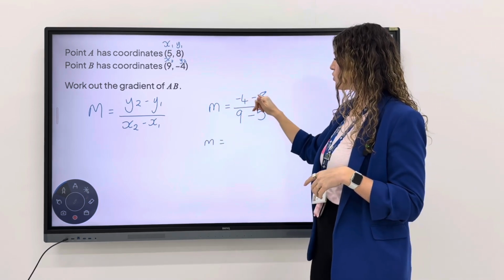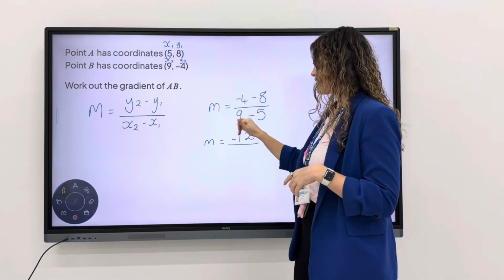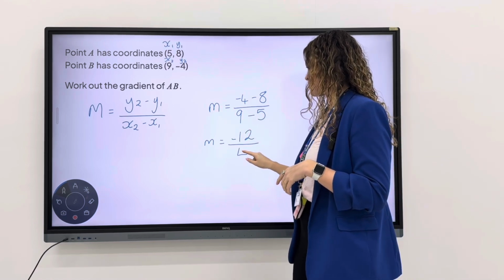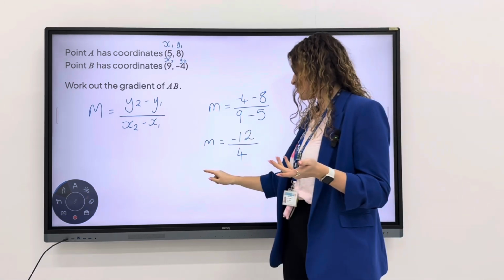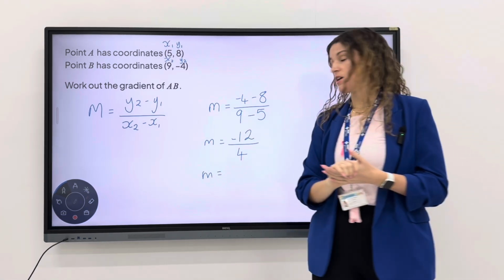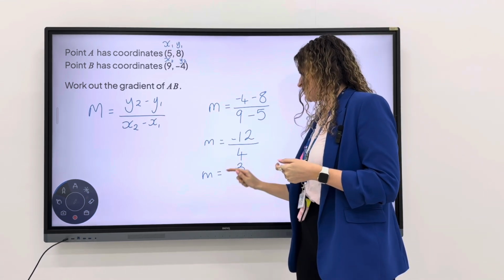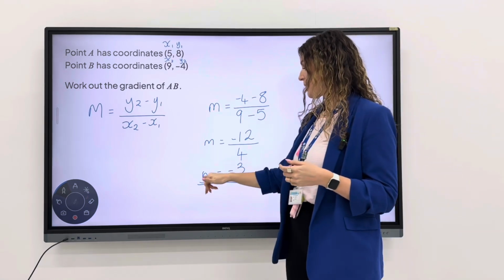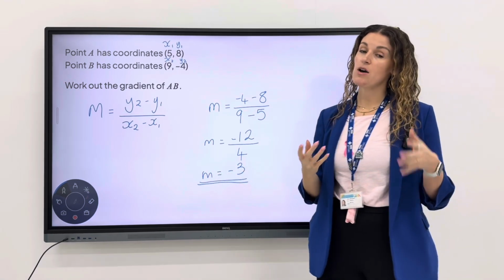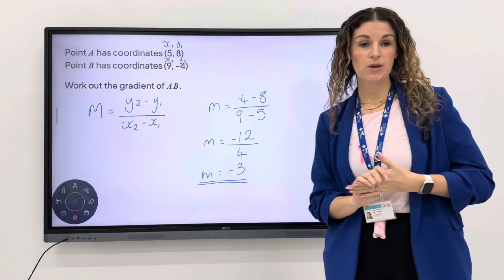So -4 subtract 8 will leave me with -12. 9 subtract 5 leaves me with 4. Now -12 divided by 4, I can calculate that out, so there's no need to leave this as a fraction. This would be -3. And remember that gradient is notated by m. So think about when you have line of equation, m is always your gradient. Okay.